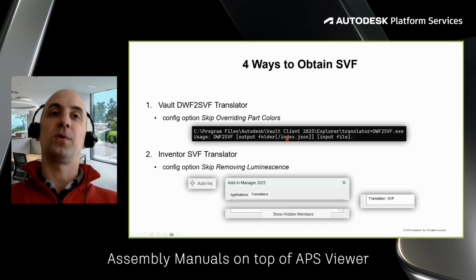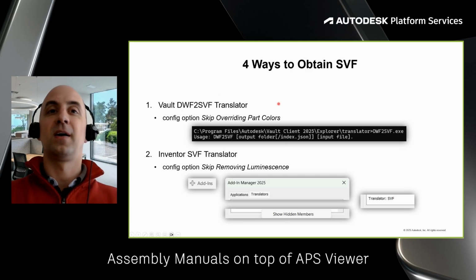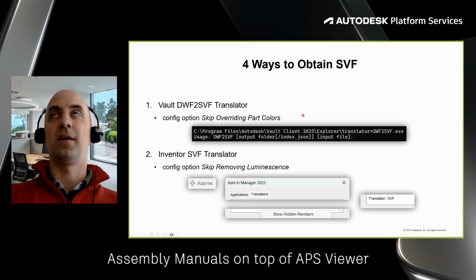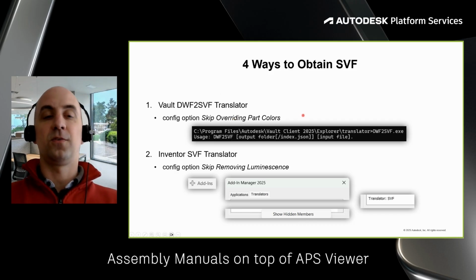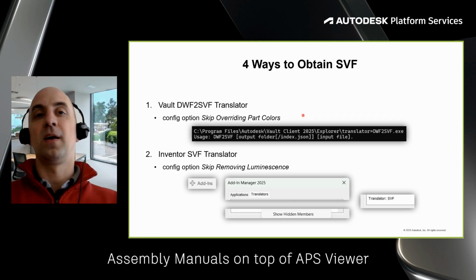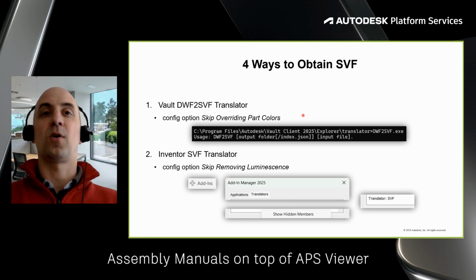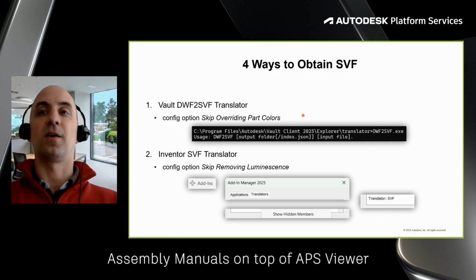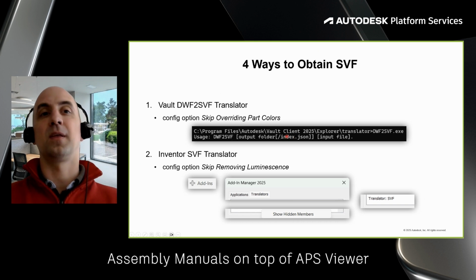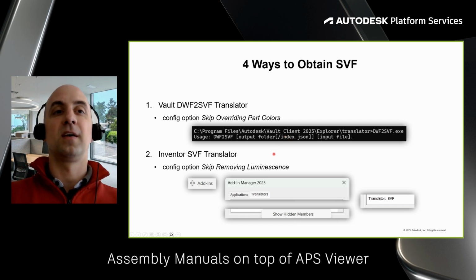And maybe that's why we have a problem with part colors not being properly overridden: if you have a color defined, let's say on a subassembly level, then that color isn't propagated down to its parts using this translator and its config.